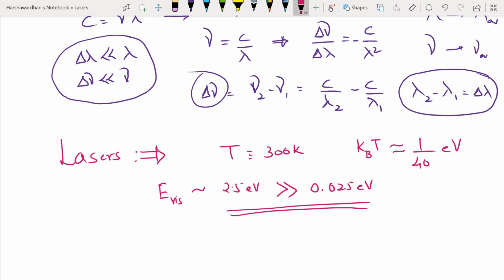So you see there are 2 orders of magnitude difference between the thermal radiation and the optical radiation, and this is what ensures that thermal excitations themselves play a very small role in the physics of all lasers. But of course, the materials which we are using as active media, their characteristics do change with heat, and that has to be managed.